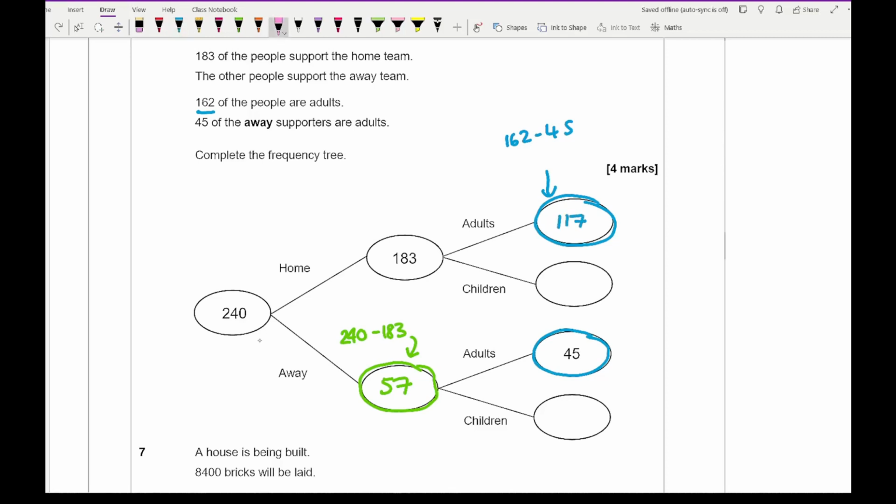I can then work out what this one here is going to be by doing 183 minus 117, which is 66. And then finally I can work out what this one here is going to be by doing 57 minus 45, and that gives me an answer of 12.